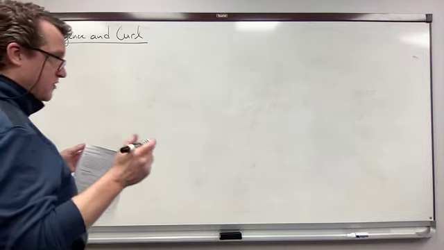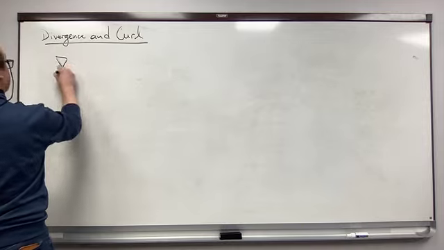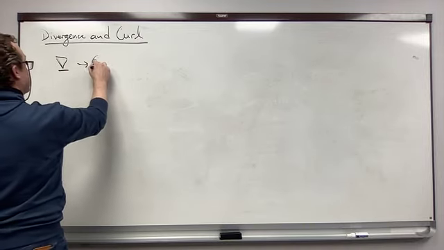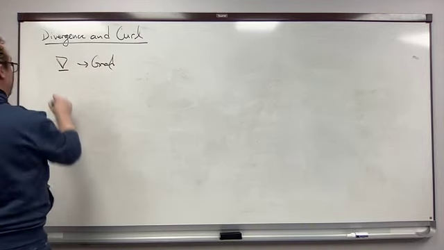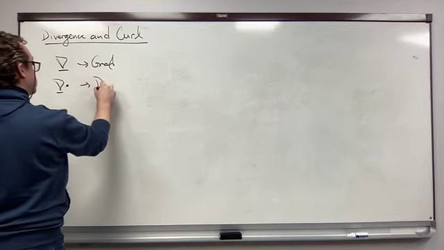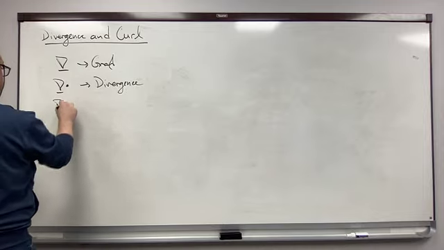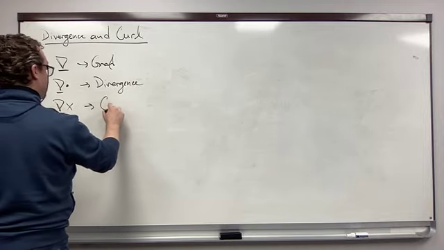But basically, as of the end of this module, we have this operation, gradient. We're going to have this operation, which is the divergence, and we're going to have this operation, which is the curl.